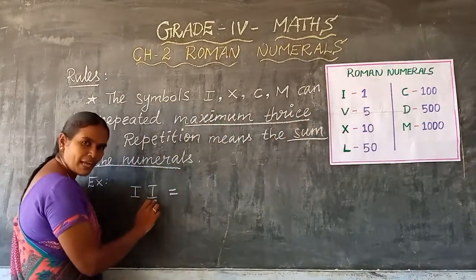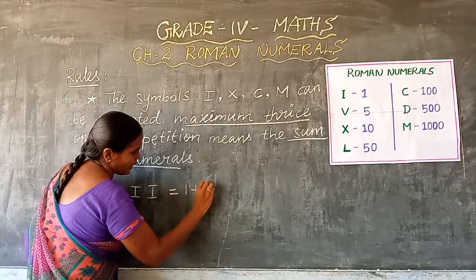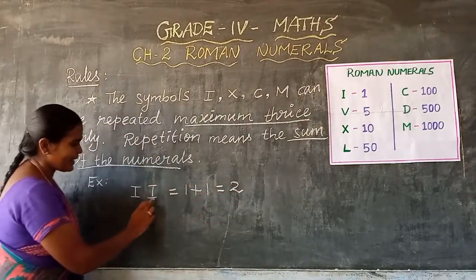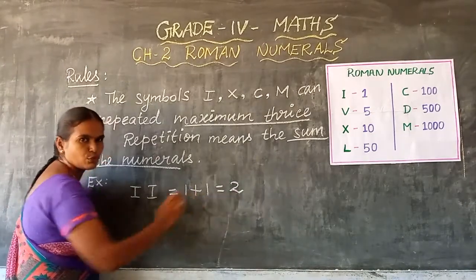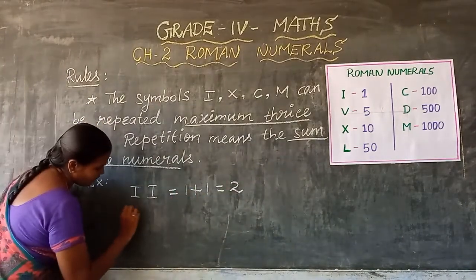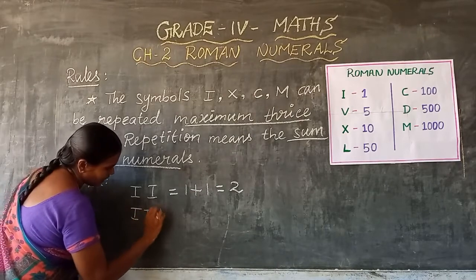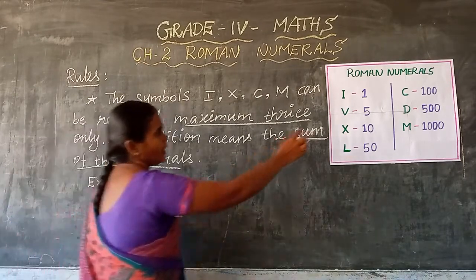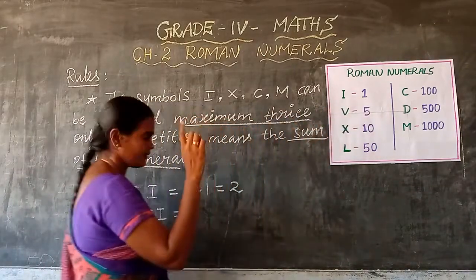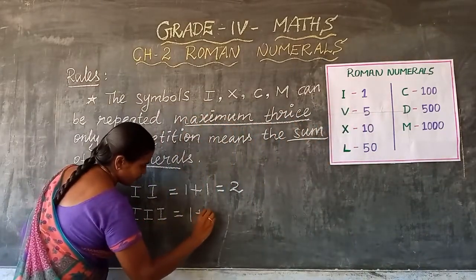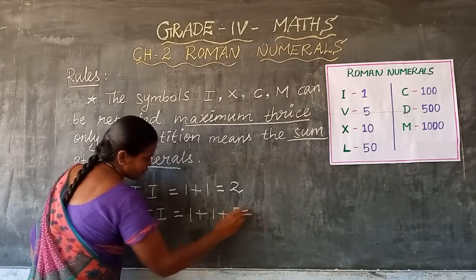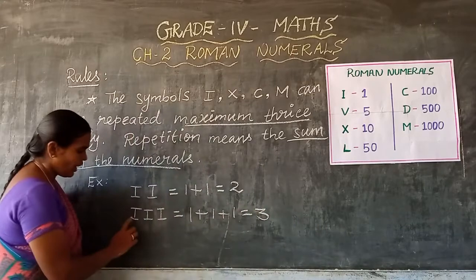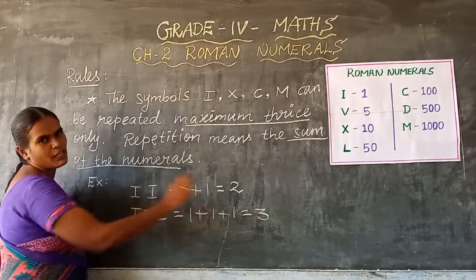So repeated means addition. 1 plus 1 means we get 2. So II means value 2. Another example, III. Value of I is 1. 1 plus 1 plus 1. 1 plus 1 is 2, 2 plus 1 is 3. So III means 3.